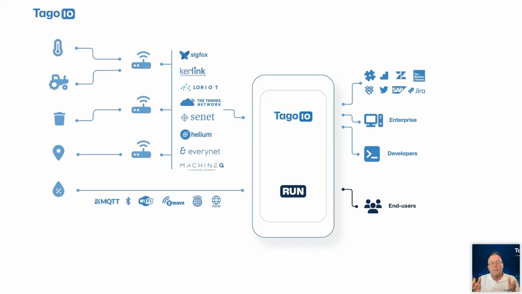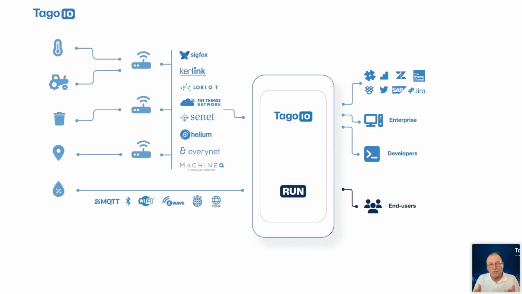We integrate with them. An example of that is we have almost 600 devices on our platform now. And one thing I like to tell people, when I'm working with them or giving them a demo, which I highly recommend you ask for, a one-on-one demo with me or one of my fellow CSMs, is that if you look for your device, let's say you're thinking of purchasing a device or you already have a device, and you go on our site and you see that your device is not there, some people, without talking to us, will think, well, my device is not there, I can't use TagoIO.